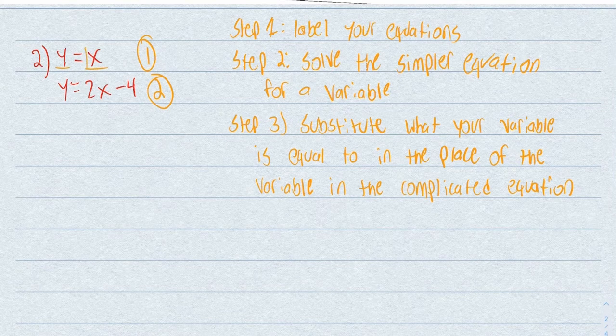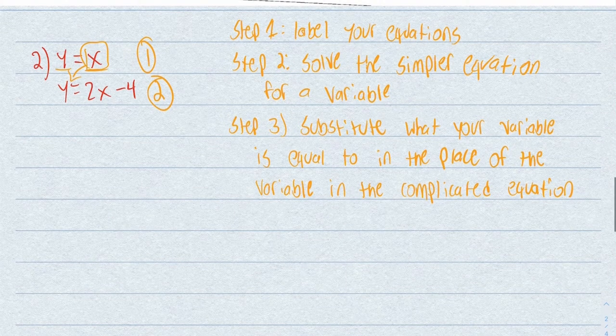So we're going to take what y is equal to, and we're going to substitute that in the place of that variable. So we're going to take x, and we're going to substitute it for y. And that's going to make x on the left is equal to 2x minus 4. And now we can just solve this like normal. So we're going to solve this, what we have now, for x.